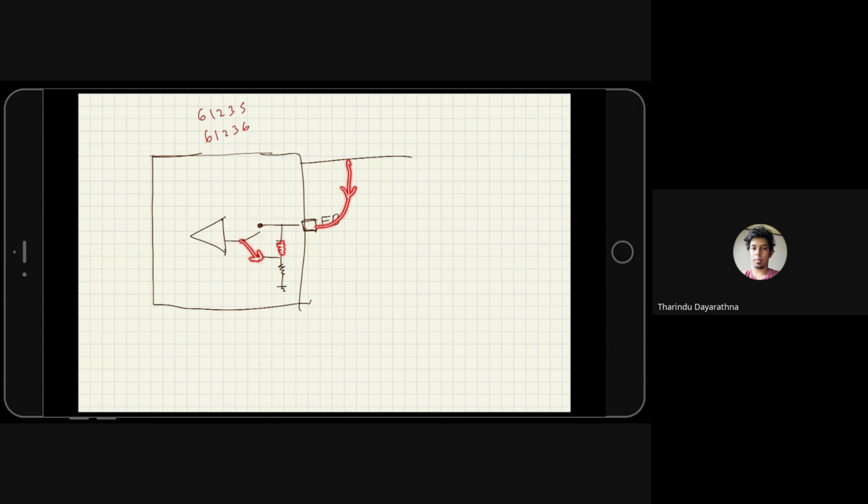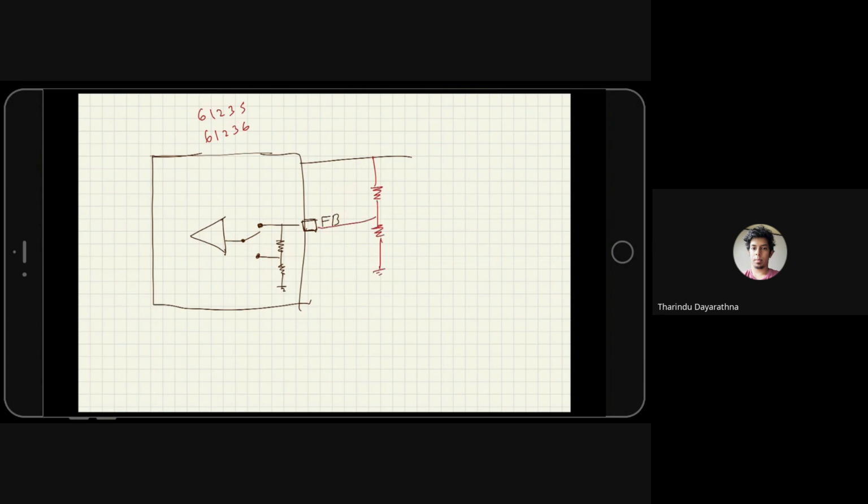But the 61236 is connected to here. Basically this is not there, so then you can create an external divider and connect it here.